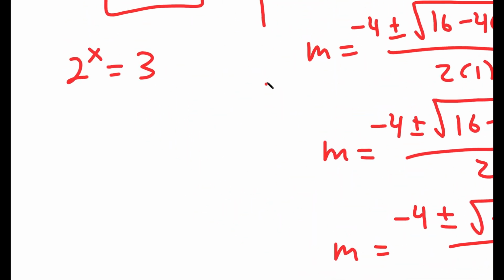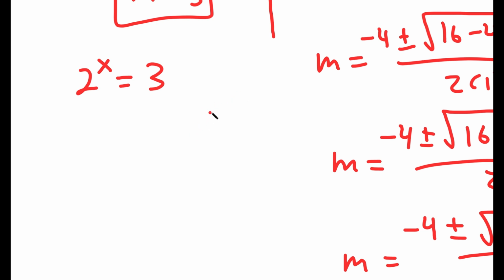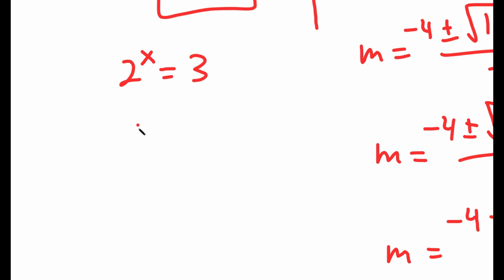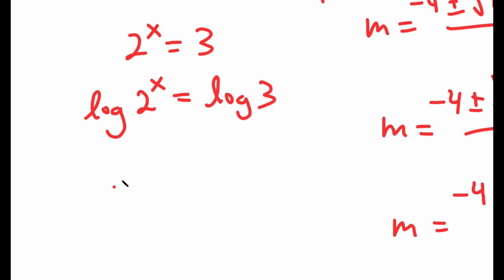However, there are still solutions for 2 to the power of x equals 3. So to solve this, what I'm going to do is take the log on both sides. So I have log 2 to the power of x is equal to log 3. And now if I have something in the form log a to the power of b, this is equal to b times log a.